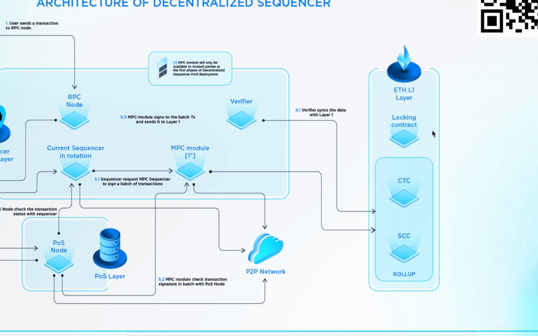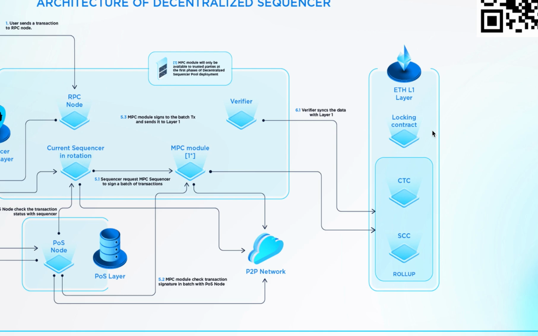And on the Ethereum layer, we have the rollup contracts, which ensure that all transactions and batches are secure, verified and processed in alignment with layer 1 rules. So this is how layer 2 scaling leverages layer 1 security.